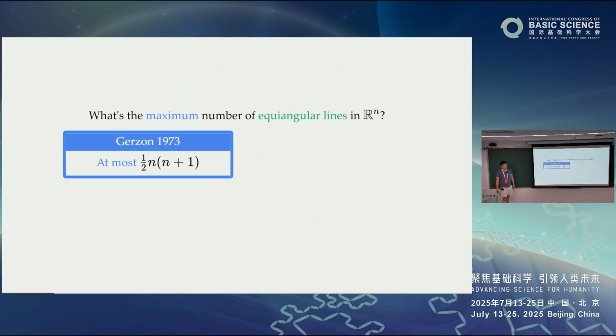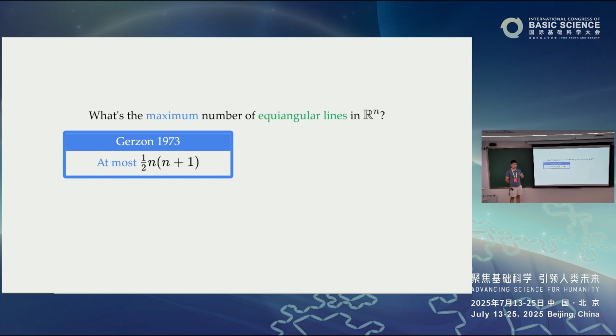In general, what we can conclude about the maximum number of equiangular lines in Rn is something due to Gerzon back in the 70s, who proved that the maximum number of equiangular lines in Rn is at most roughly half times n squared. To be exact, it's half times n times n plus 1. By the way, the proof for this is really elementary.